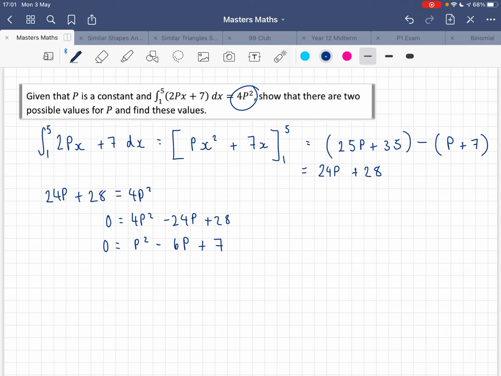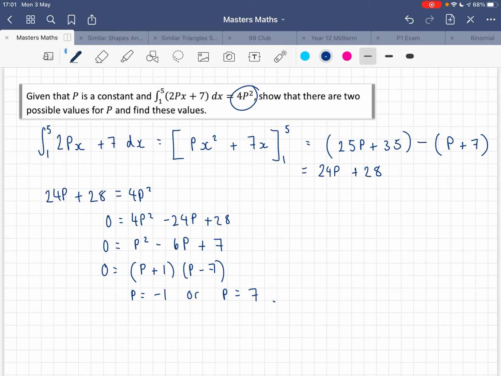Now I can solve it. So plus 1, minus 7. I get 0 equal to p plus 1, p minus 7. So p is equal to negative 1, or p is equal to 7. Those are the two possible values for p.